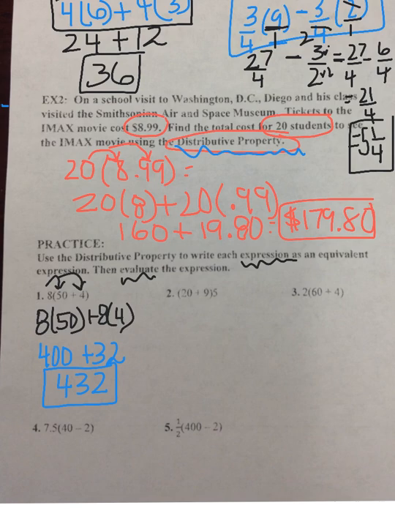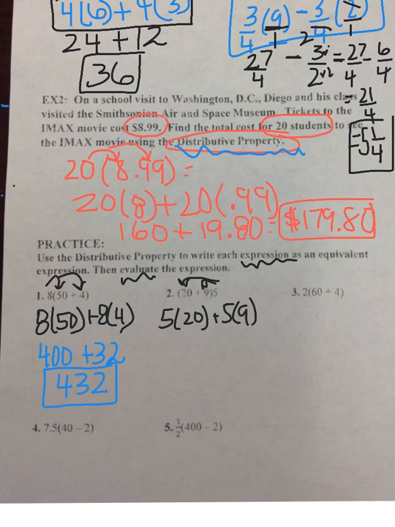Number 2, the quantity 20 plus 9 times 5. So again, we want to start by rewriting this using the distributive property. I want to distribute the 5 to the 20 and to the 9. So I could rewrite this as 5 times 20 plus 5 times 9. So that's my expression right there.